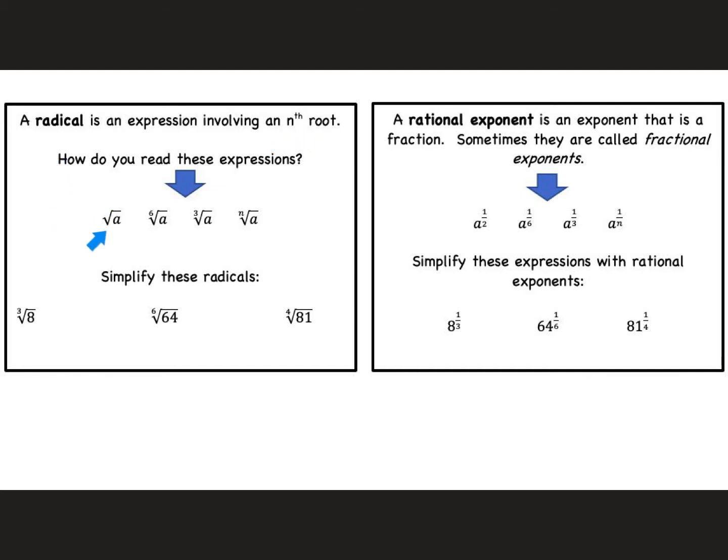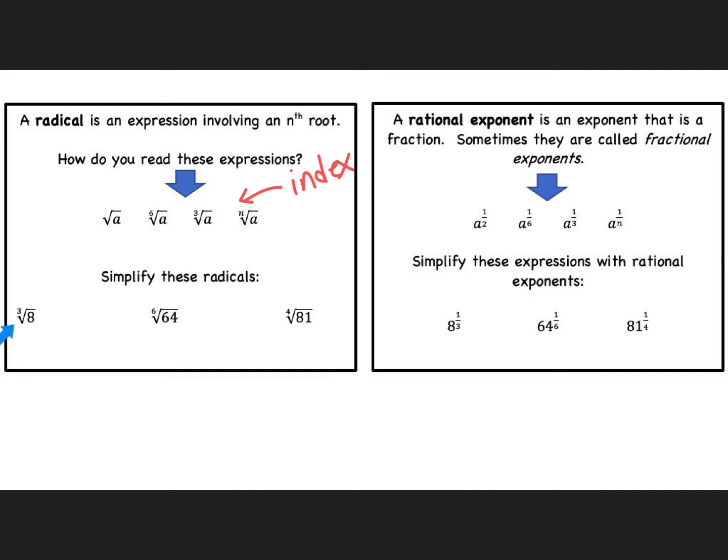So this is read as the square root of a, the sixth root of a, the cube root of a, you could say the third root of a, but typically we say the cube root of a, and then just in general, this is the nth root of a. I will tell you that the root is known as the index. Okay, so the index on the square root of a would be a 2.